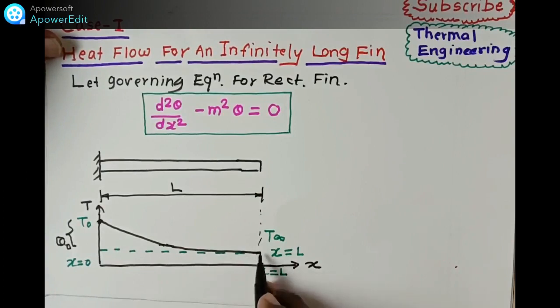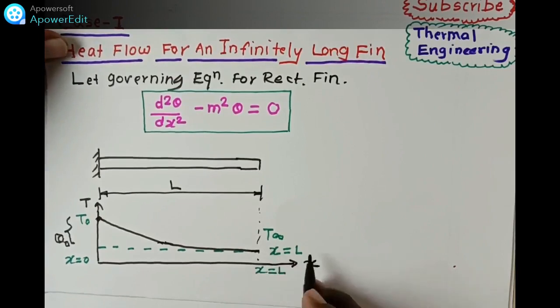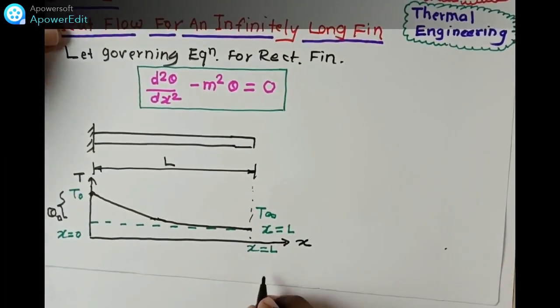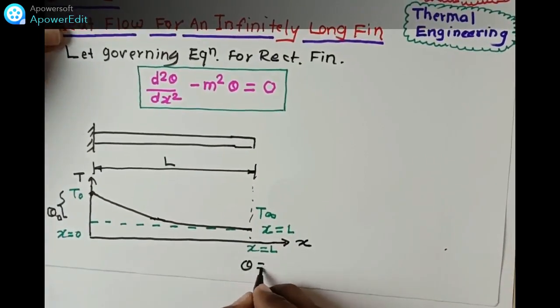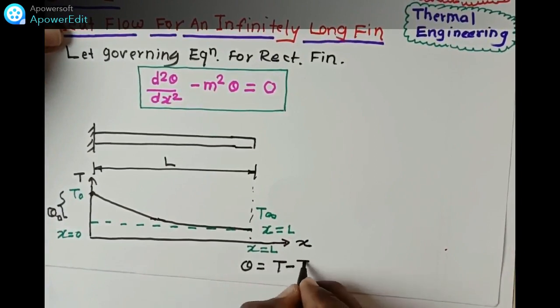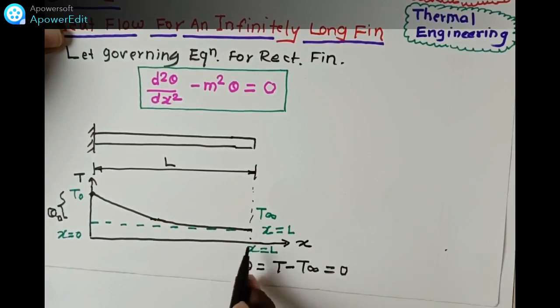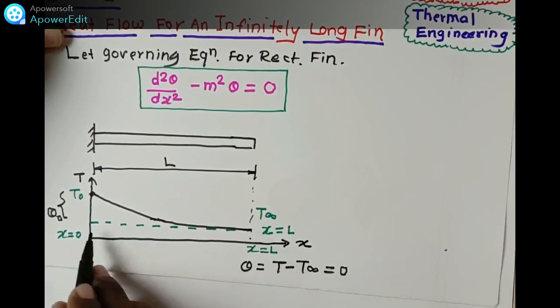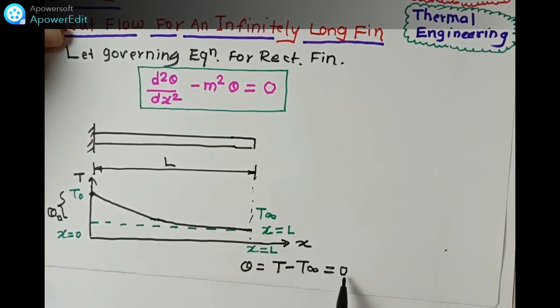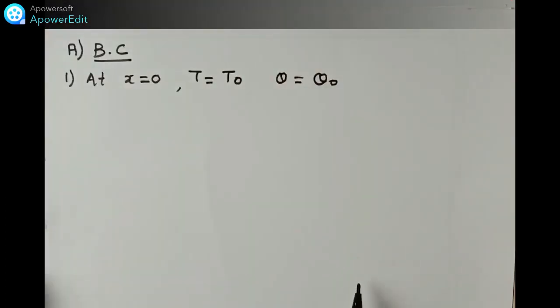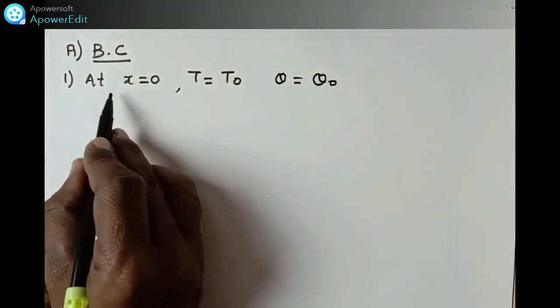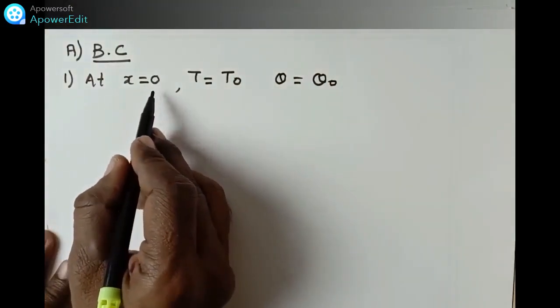And on this side, at the end, theta will be T minus T infinity. In this case, at the end the temperature T is equal to T infinity. So that's why it comes 0 on the right hand side. This is the first boundary condition at the base.